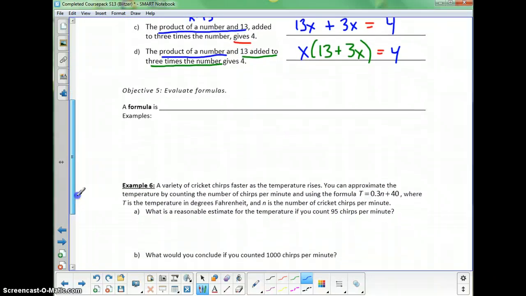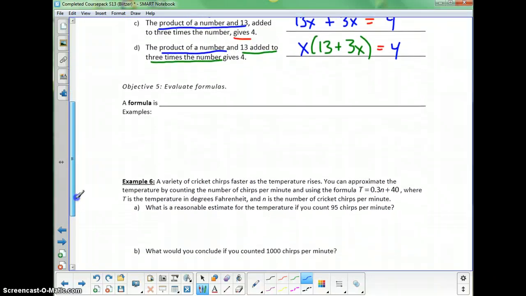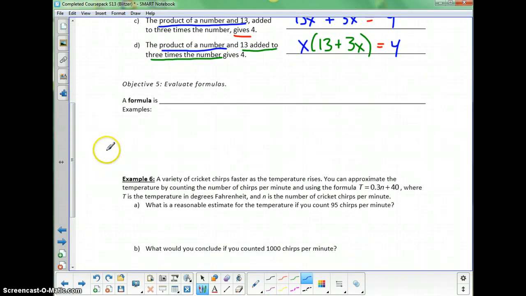Okay, objective 5, the last objective for this section: we want to evaluate formulas. A formula is an equation that has some meaning tied behind it. So I'm going to write an equation with real-world meaning.